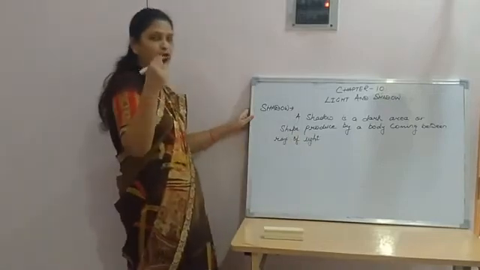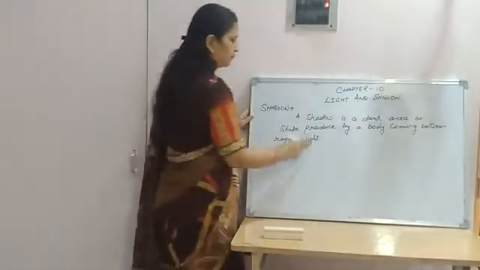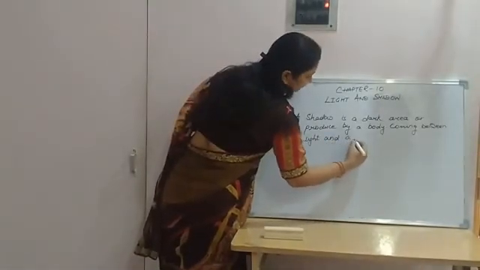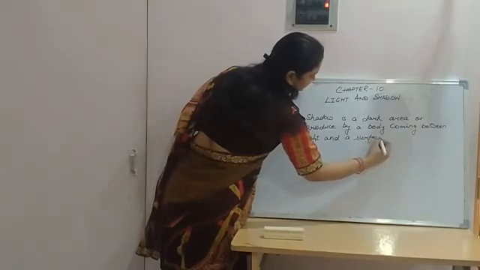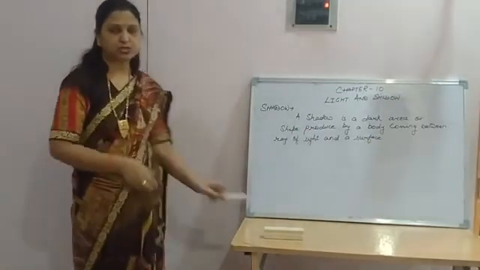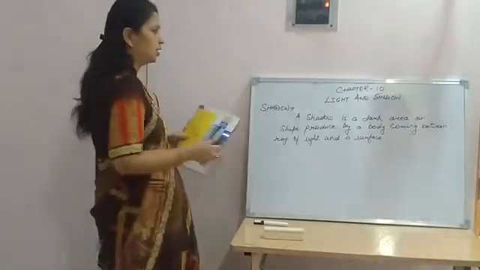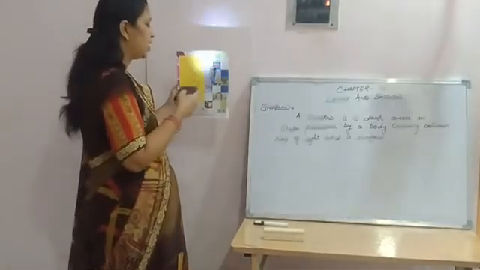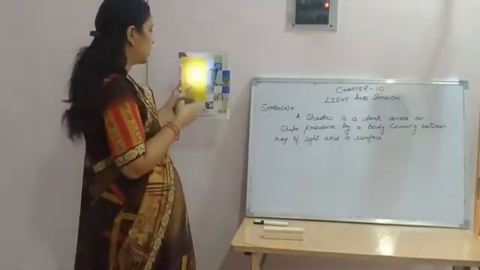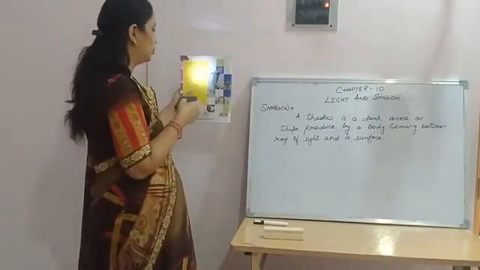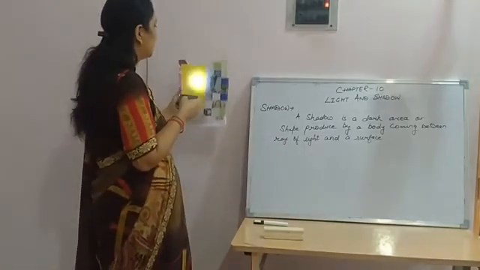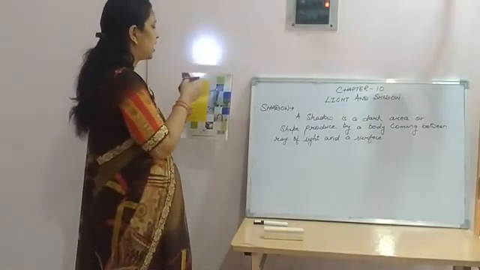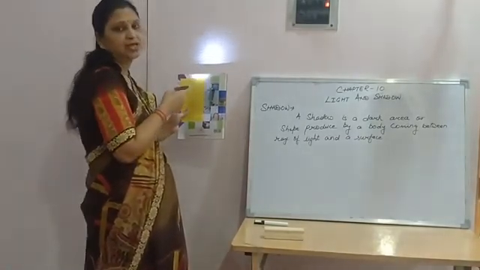When I place a torch on the book, a shadow is forming on a surface. This is the light rays. This is the body. When I place a ray of light on the body, a dark area is produced between the body and the surface, and this is known as shadow.